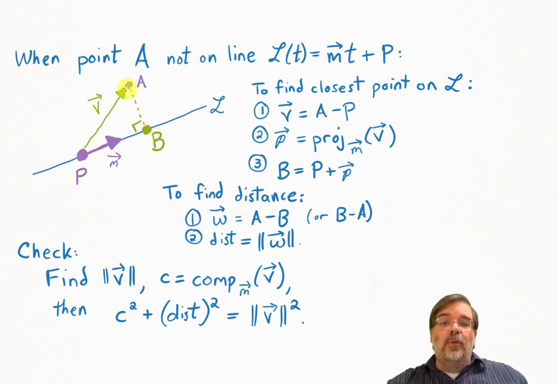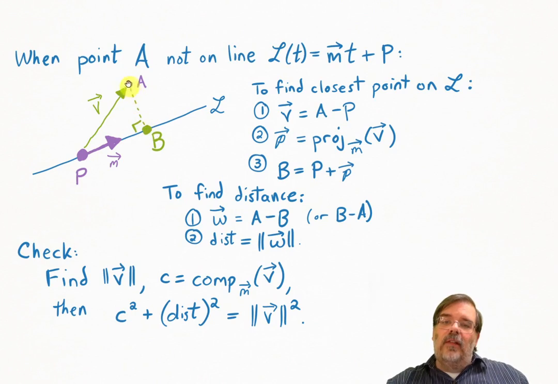We'd like to do 2 things. We'd like to find the distance from the point to the line, right? The first step, we could find the closest point B on the line L to the point A. And that closest point, we know it's the closest point if the line connecting A to B is a perpendicular line.